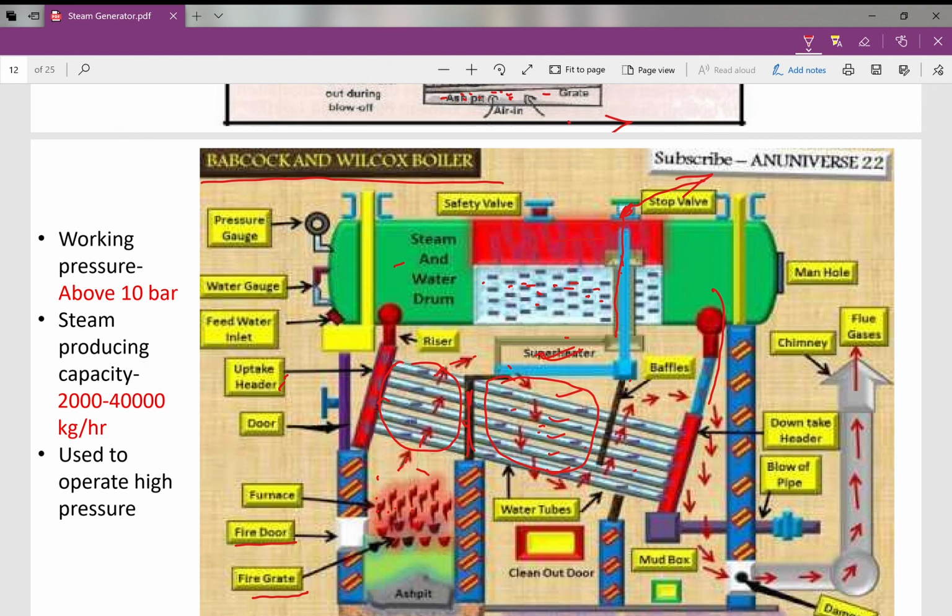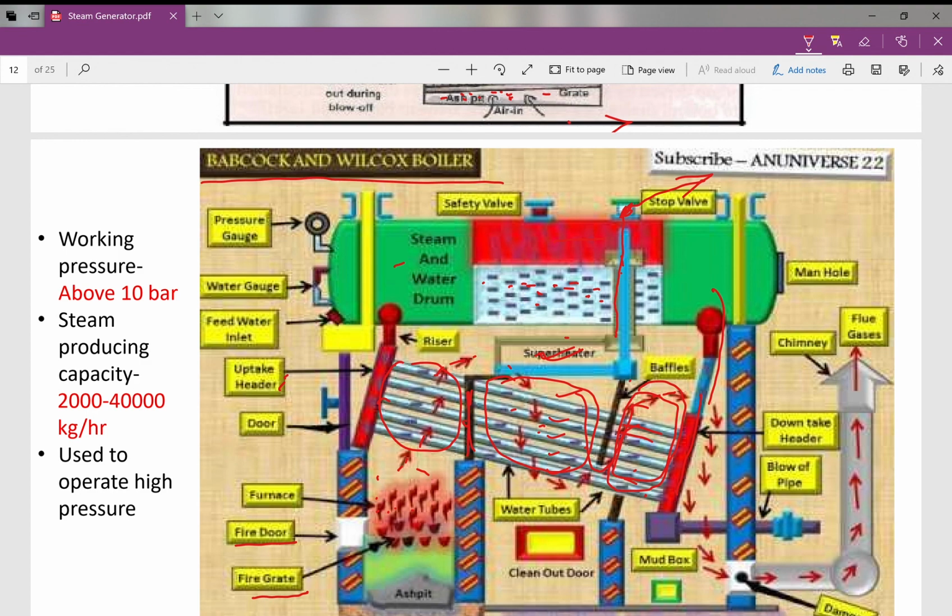Then another baffle plate stops it from moving directly to the right, hence it comes down this way, and then it comes to this portion, which has water tubes again, right, and even this lower header. So altogether we can say there is a proper utilization of the heat of the hot gas.